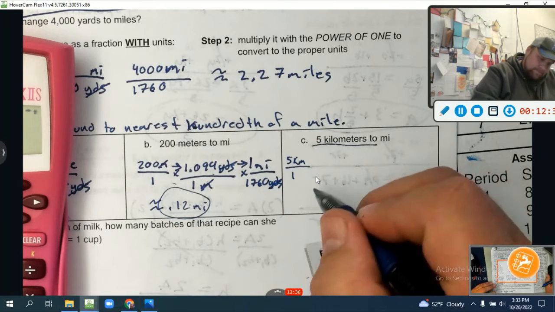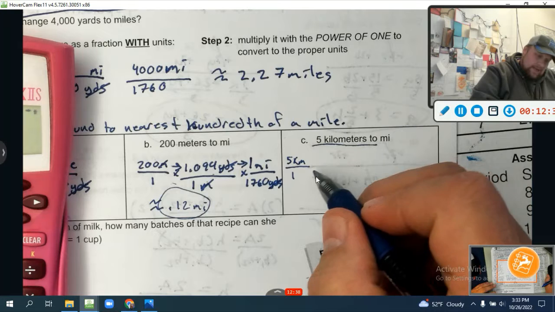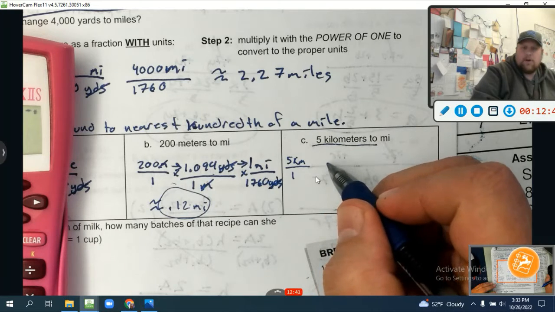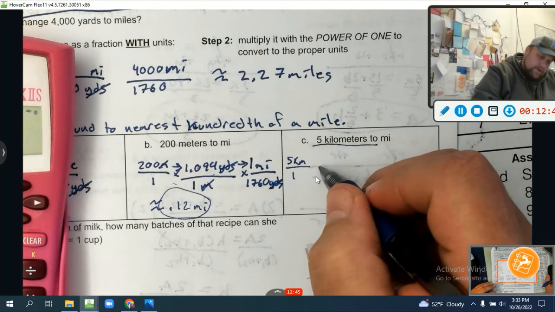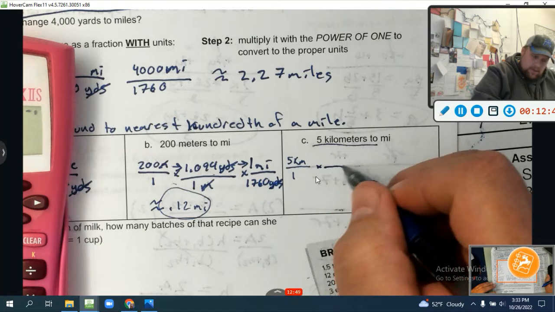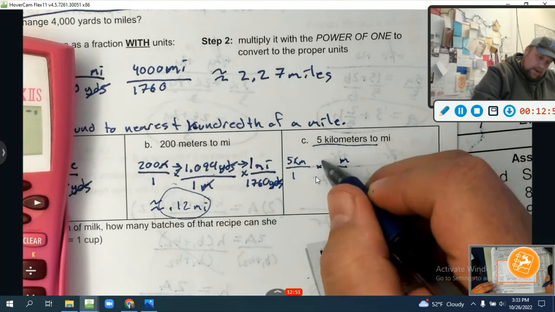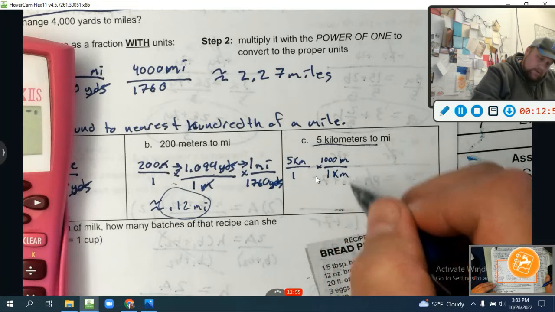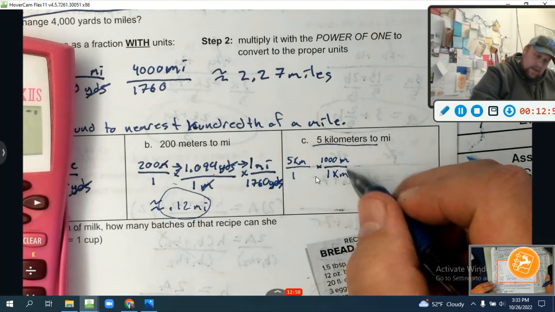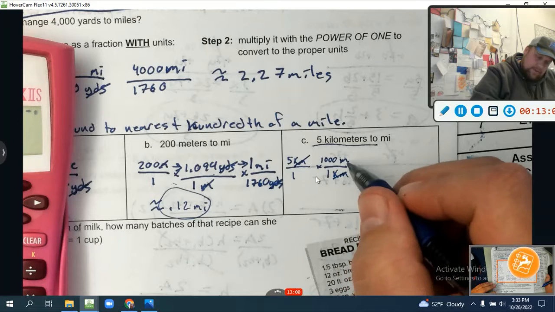So I know that I want to end up with what on top? I want to end up with meters up here, and I know that 1,000 meters is 1 kilometer, correct? And now, that's going to cancel out kilometers. I'm left with meters. But I want to take meters to yards. So again, what am I going to do? Times 1.094 yards all over 1 meter.